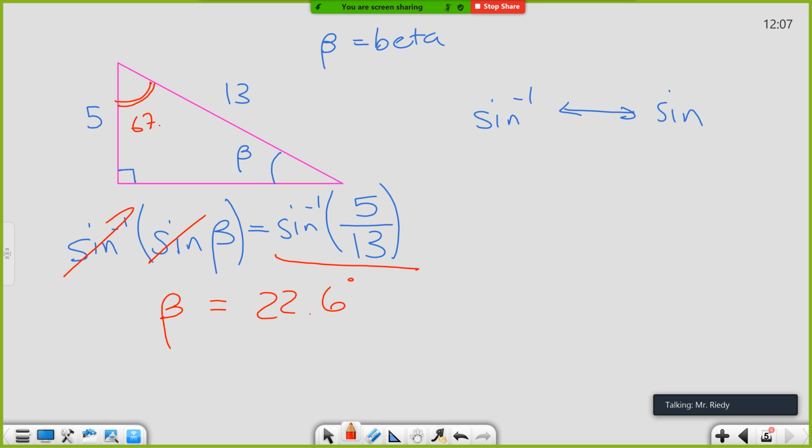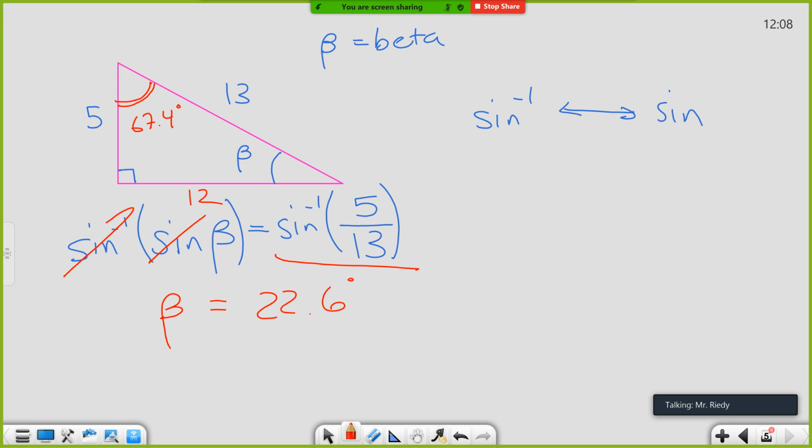You said 67.4, and we know that that's 12. Notice now, after doing a little bit of work, I have all 6 parts of the triangle complete. That's called solving the triangle. You know all 3 sides, you know all 3 angles. Questions about that?